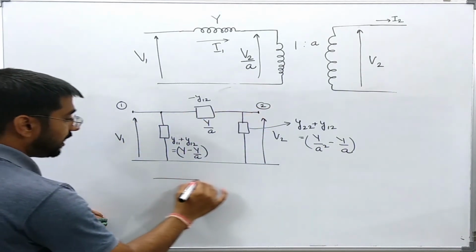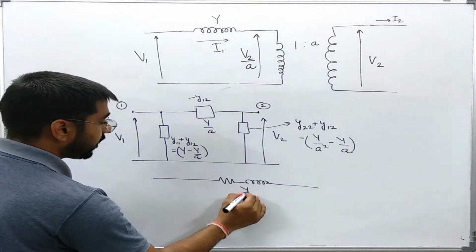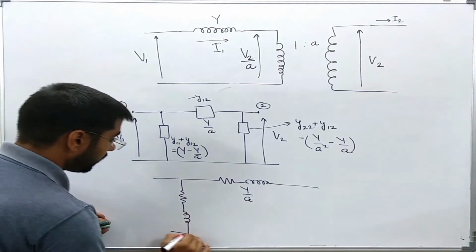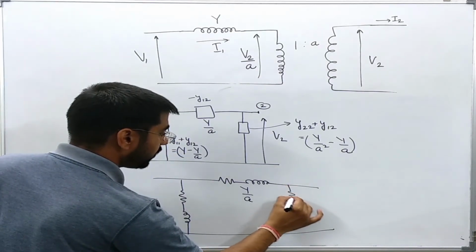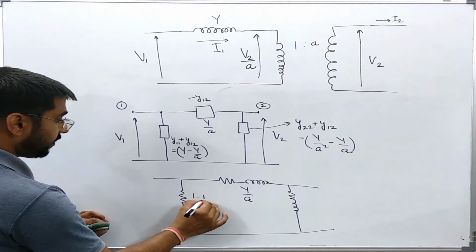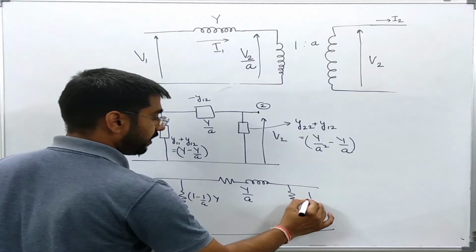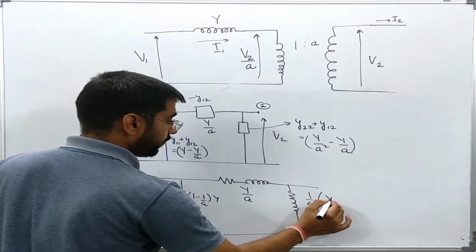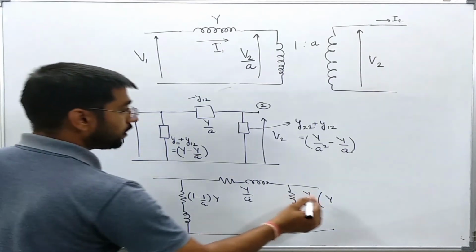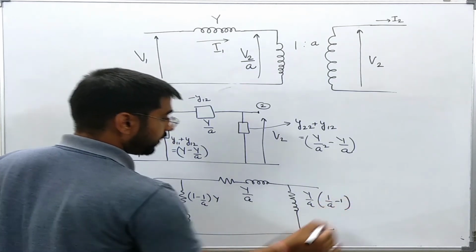So this is just simply, let us say, Y over A, and this is simply 1 minus 1 by A times Y, and this is simply 1 by A times Y, where Y by A is common, 1 by A minus 1.